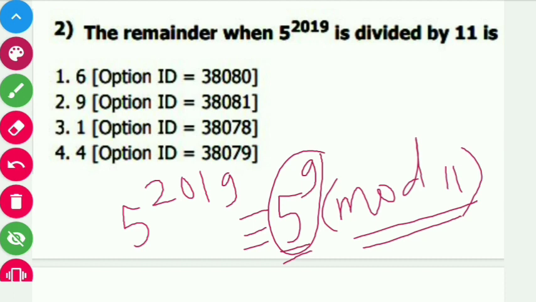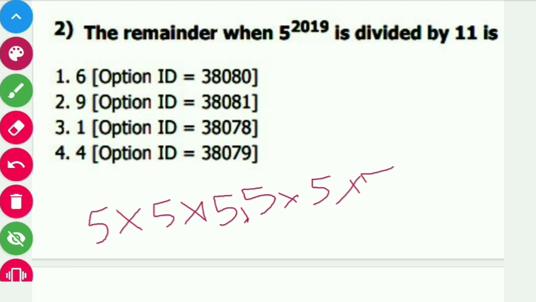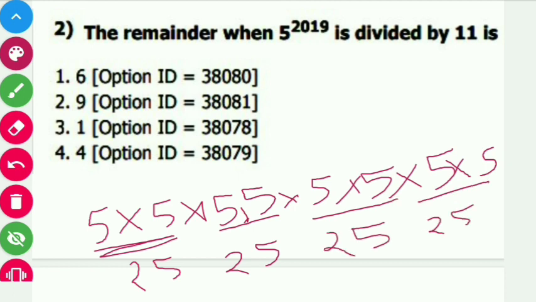Here, 5 raised to 9, we can write this as 5 multiplied 9 times. Now when we multiply these in pairs, this is 25, this is 25, this is 25, this is 25, and one more 5, right?